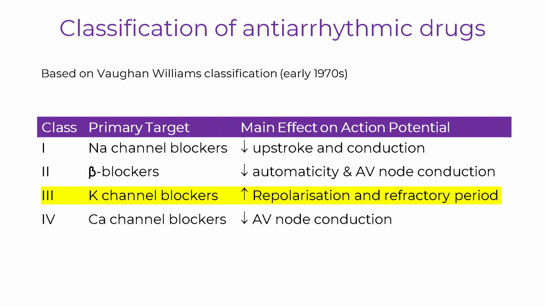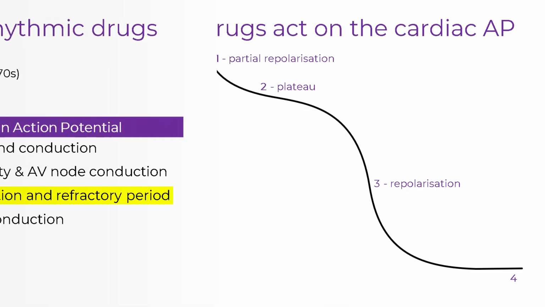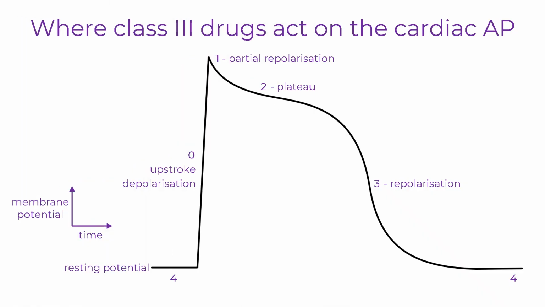Because repolarization is governed by multiple potassium currents, understanding class 3 drugs requires a deeper look at cardiac potassium channels. This plot shows a typical action potential recorded from cardiac ventricular muscle.